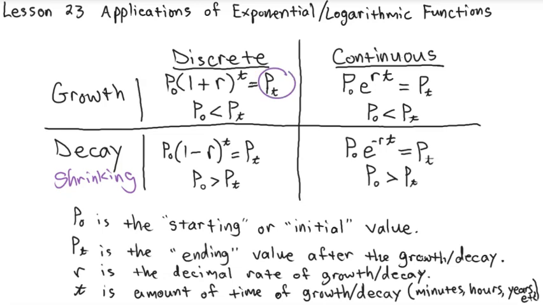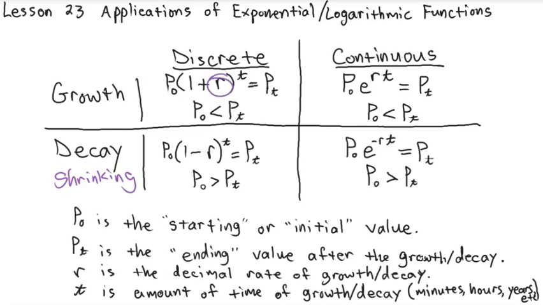And then this P sub t, that is the ending value. That's how much it grew to. So it grows from P sub 0 and then it grows to P sub t.